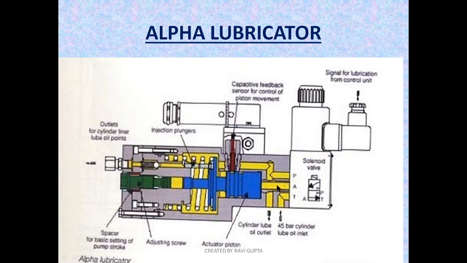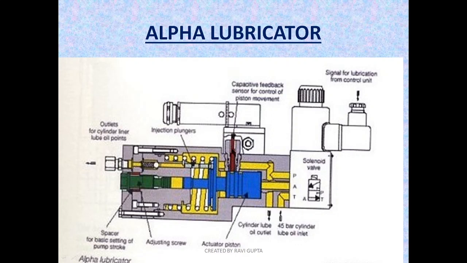Now as I have told you about the feedback sensor, let's see the electronic components. This is a feedback sensor, which monitors the movement of the actuator piston and gives a signal whether the piston is moving or not.